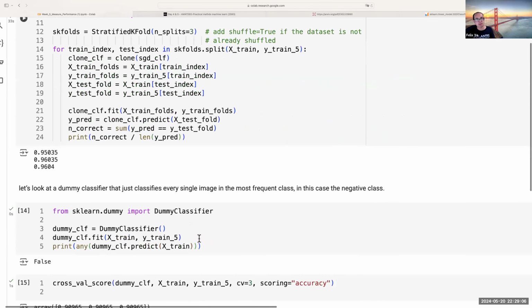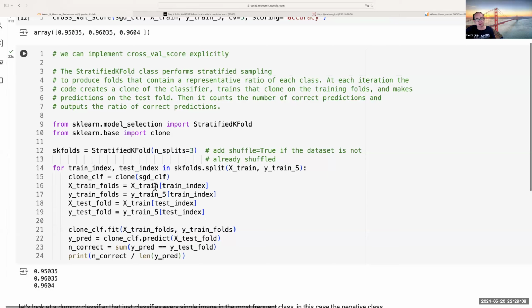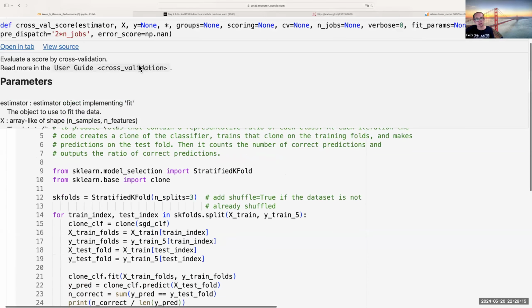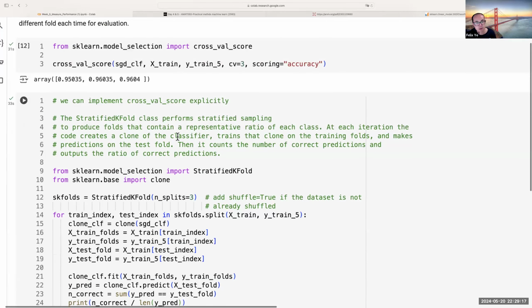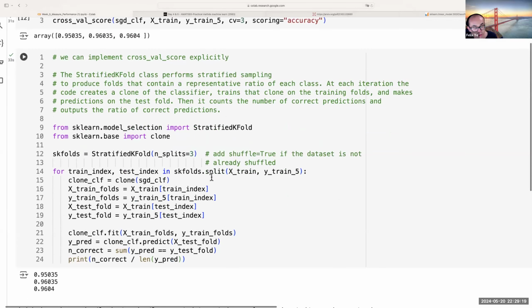So this is basically the exact code if you want to implement these functions explicitly, rather than using the function right here. This is how you do k-fold cross-validation from scratch. Sometimes that would be a good idea, because you might need to handle some tailored examples.